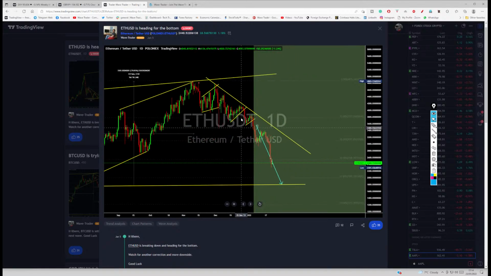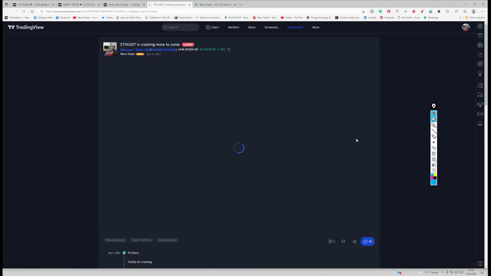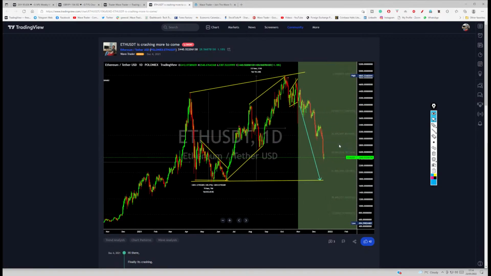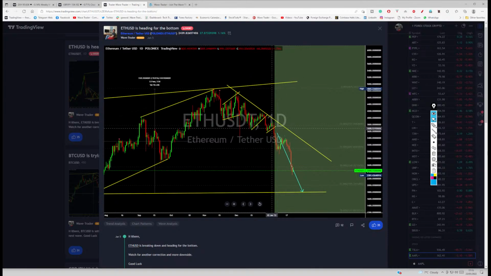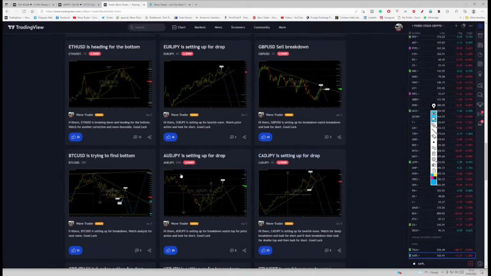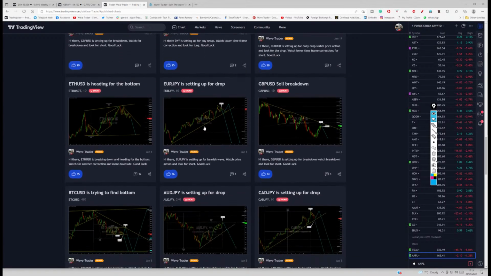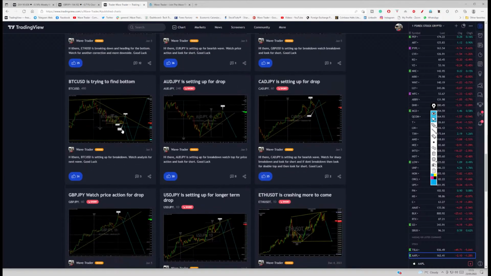When the sharp breakout came, the sharp sell-off came, it just keeps dragging lower. So Ethereum is going down, euro yen is going down, and pound dollar has also broken down.